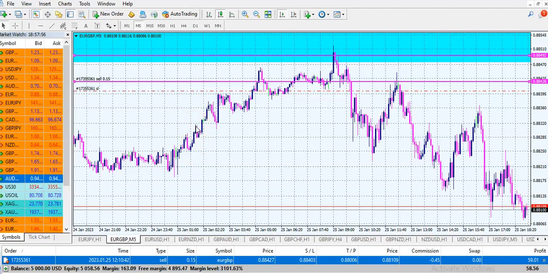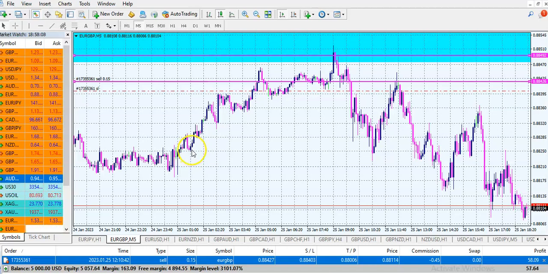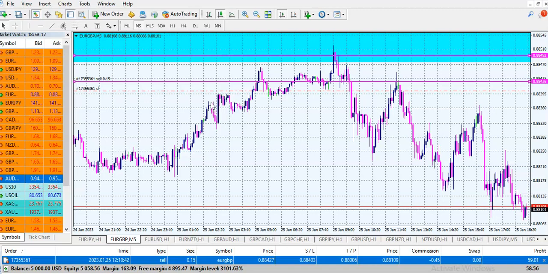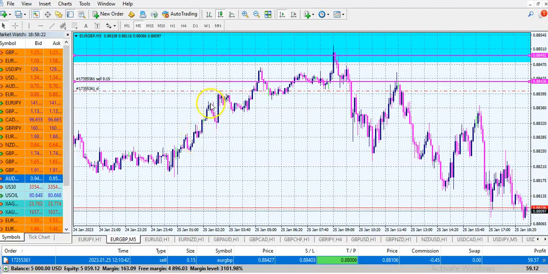Okay, so that's exactly what we mean by higher high, and there will be another pullback that will not break the last support, which is here. This particular red candle here is a pullback, and there is another huge impulsive move to the upside to create a new high. So what we see is that the market was doing a series of higher high, higher low, higher high, higher low, higher high, higher low, until it got into that supply area.